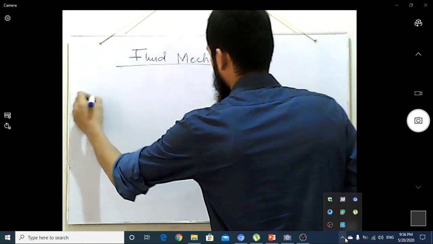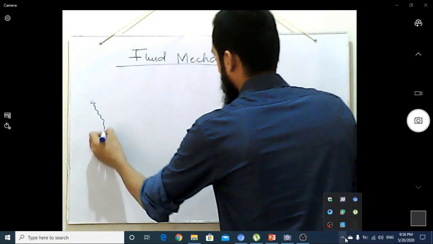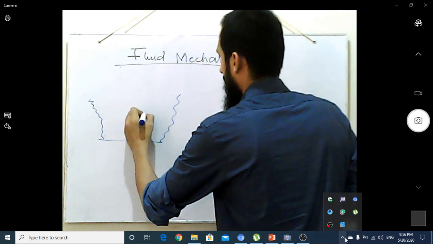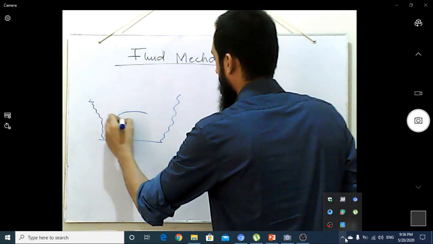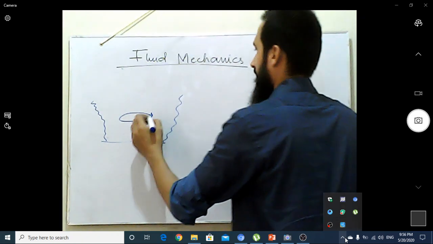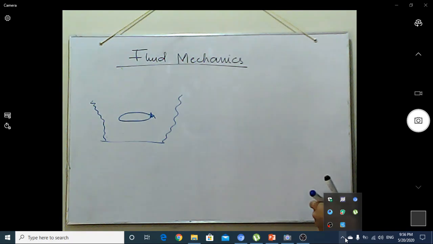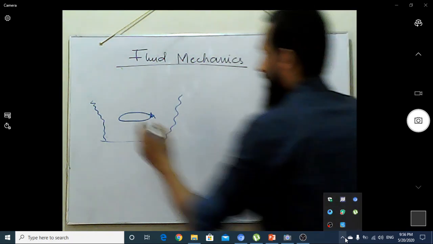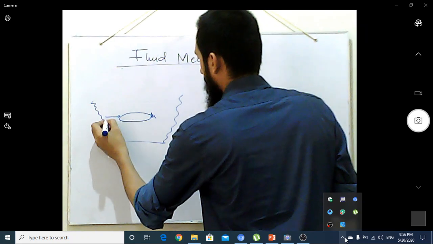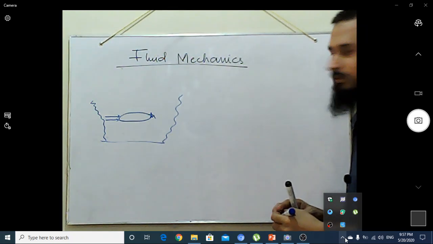Let's suppose this is a certain part of the sea, and this is the submarine present here, which is moving. The liquid is flowing and coming on the surface of this solid boundary.